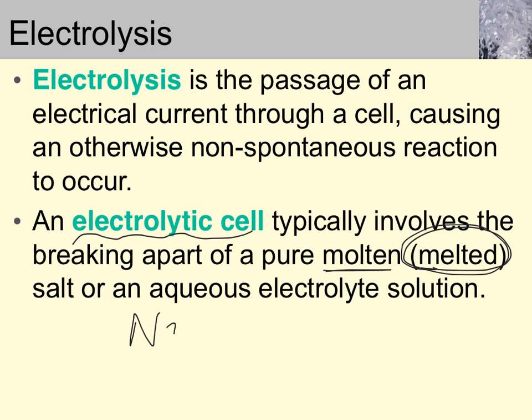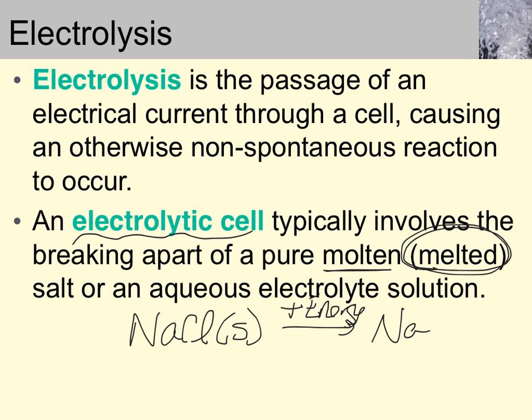So, for example, you might take sodium chloride, which in its standard state is a solid, apply lots of energy, and then you would get the molten sodium chloride. Ionic compounds melt at really high temperatures, in the thousands of degrees Celsius. But the molten form will then undergo electrolysis and provide us with some useful products, as you will see.